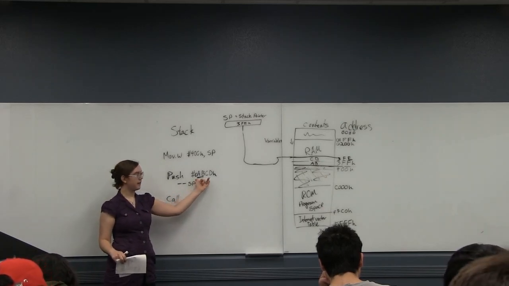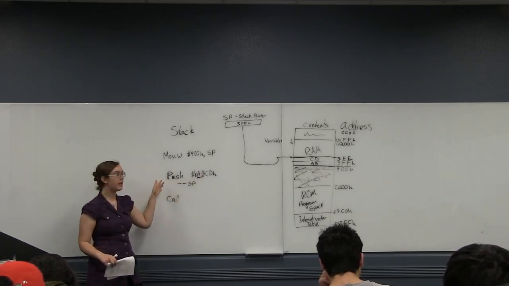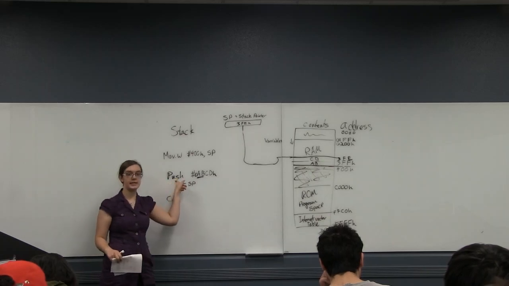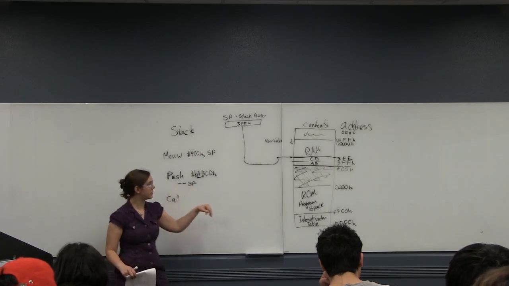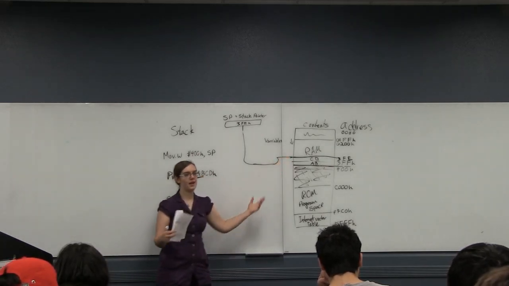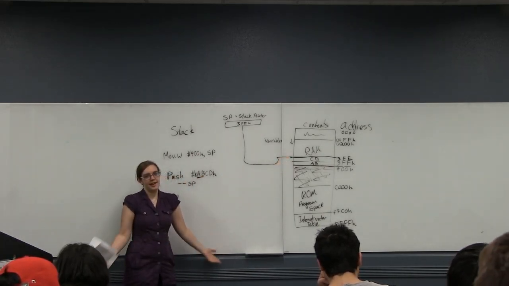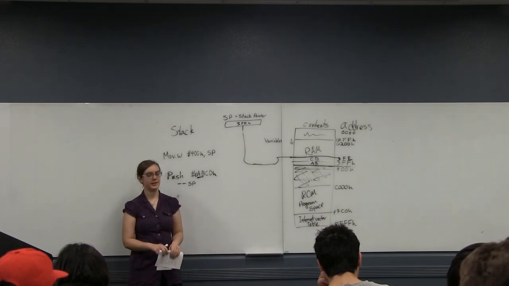Even if we're saving only one value, and even if this push was a byte instead of a word, we would still use 2 bytes, and one would just be zeros, because that's how the architecture works.